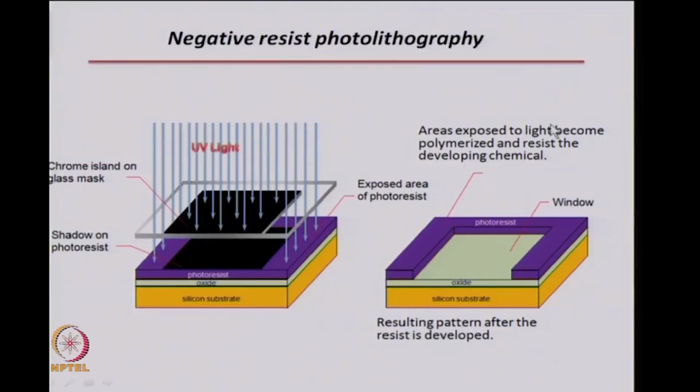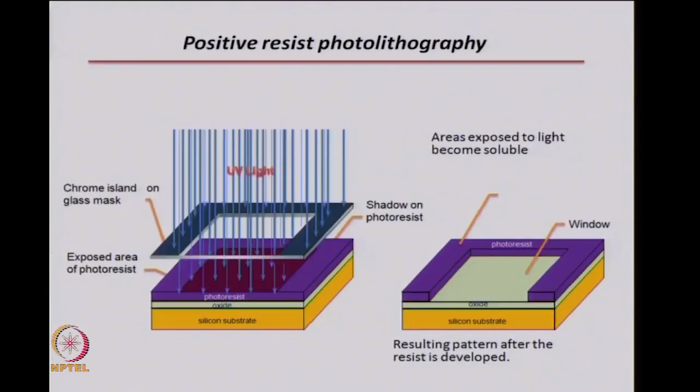So, areas exposed to light become polymerized, and when you put the whole thing in a developing chemical, the region where light was not falling does not resist the chemical, and so it will get dissolved, and areas which were exposed to light will resist the chemical.